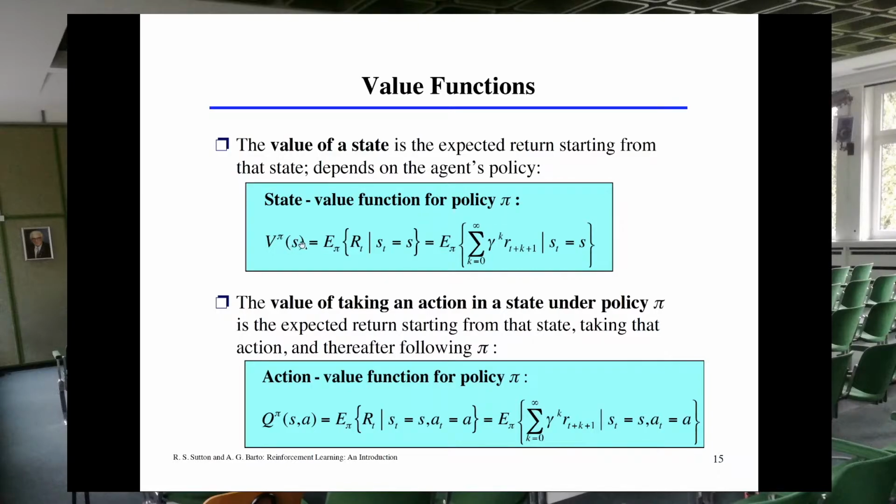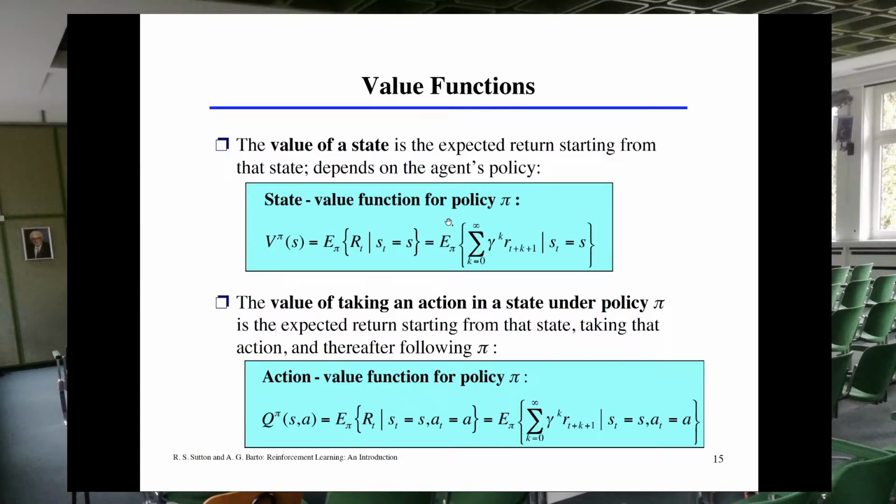So the v of some state, the value of some state while the agent is following a policy pi, will be the expected amount of return that the agent will receive while it is in state s in time step t, and the agent keeps following the policy pi to select the next state to move into.